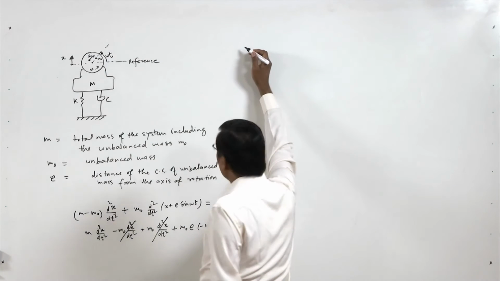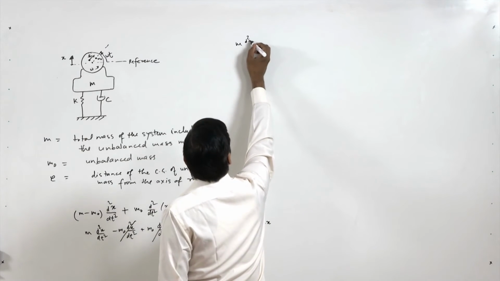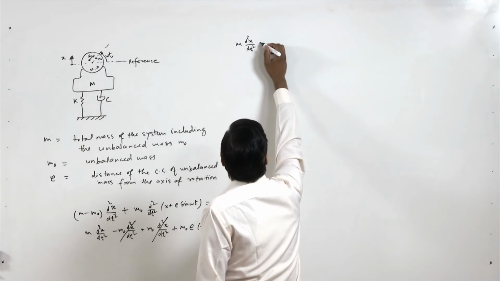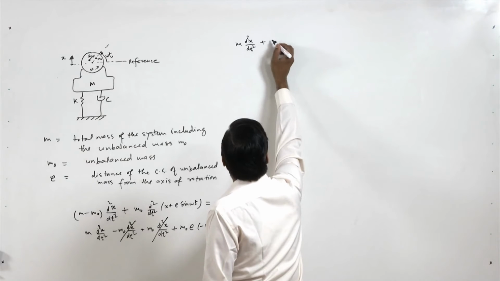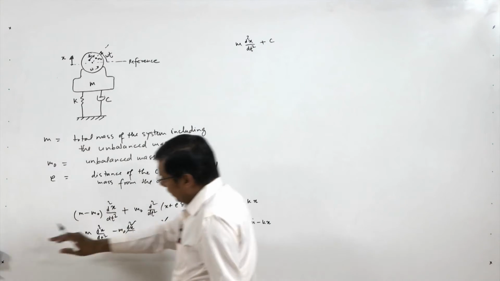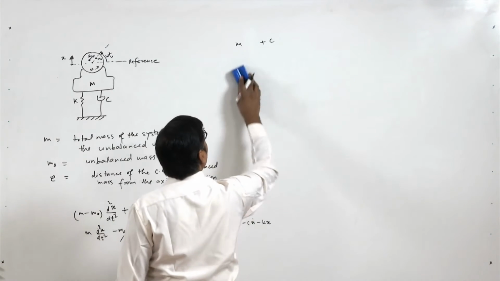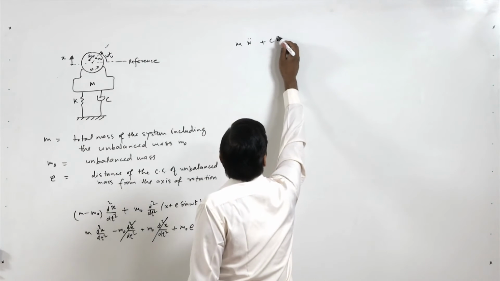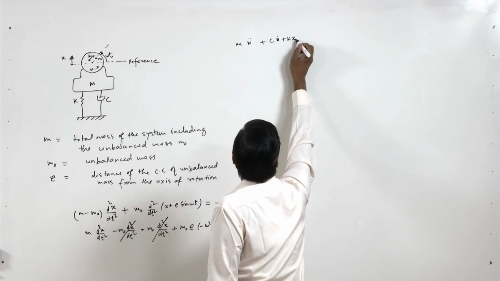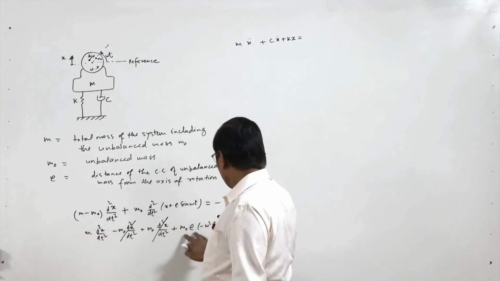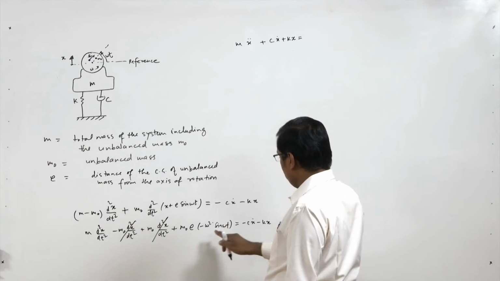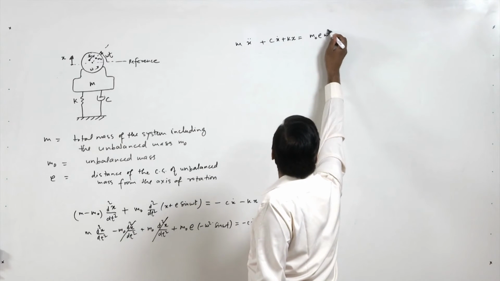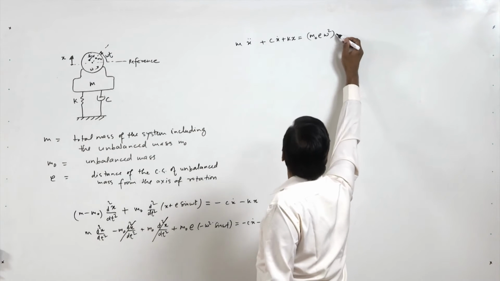So our equation will be m x double dot plus c x dot plus k x equal to, taking this term to the right hand side, m0 e omega square sin omega t.